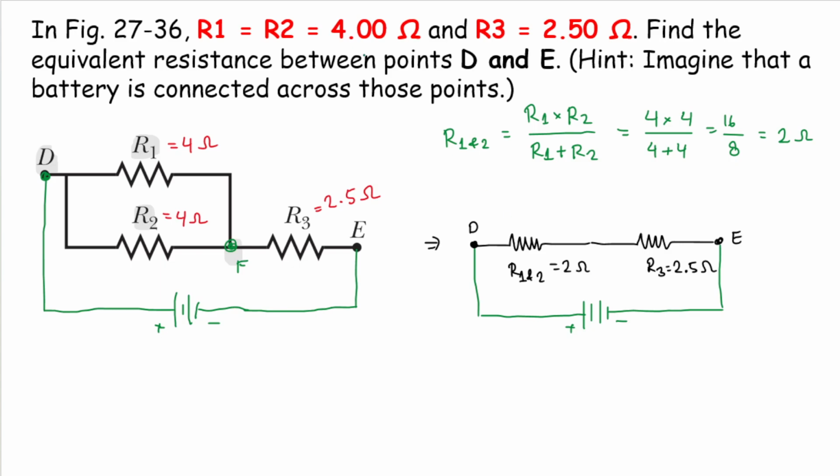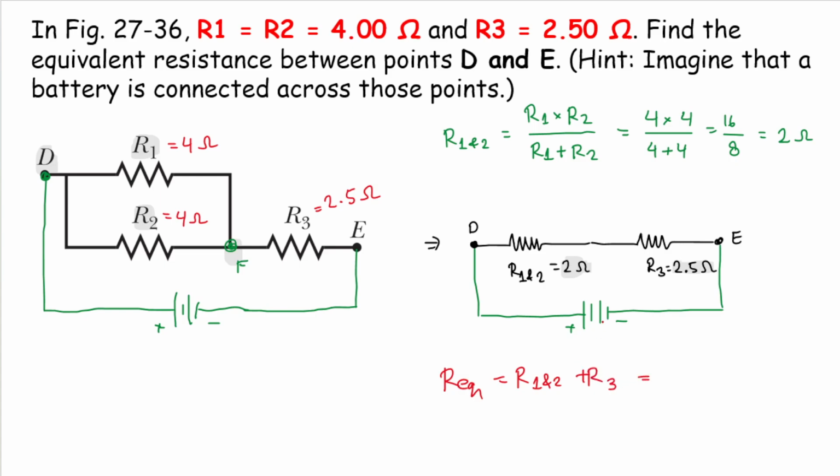Okay, now we can clearly see that R1 and 2 here and R3 are in series, right? So we can just add them up. So we will have the R equivalent. The R equivalent is just R1 and 2 plus R3.